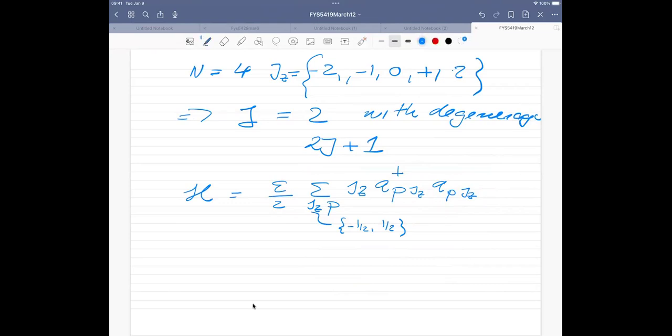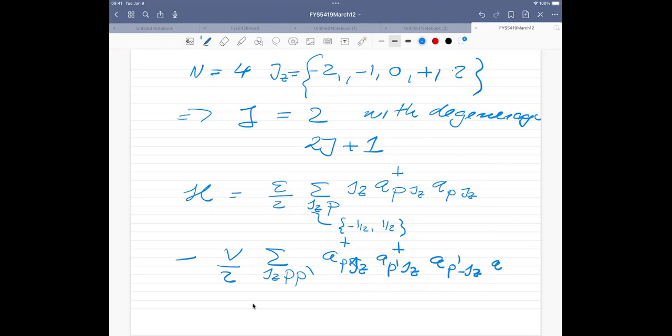Then we are going to add an interaction piece, and this interaction piece is going to be given by a term which looks like this. So we are just summing over one value of JC, but we look at two values of P. So we create a state here. So this is a dagger. This has an A_P of JC dagger. And this has an A_P prime. And then it has a minus JC.